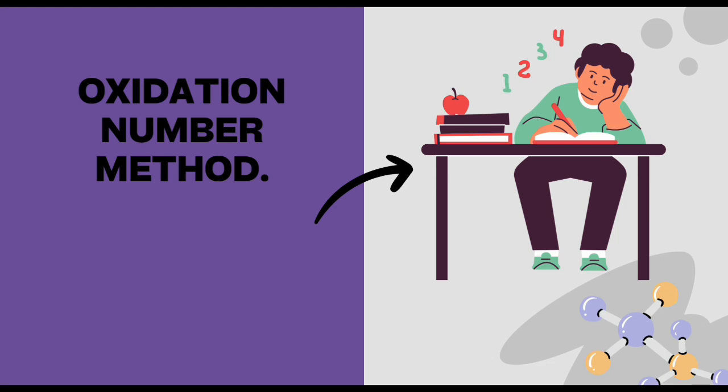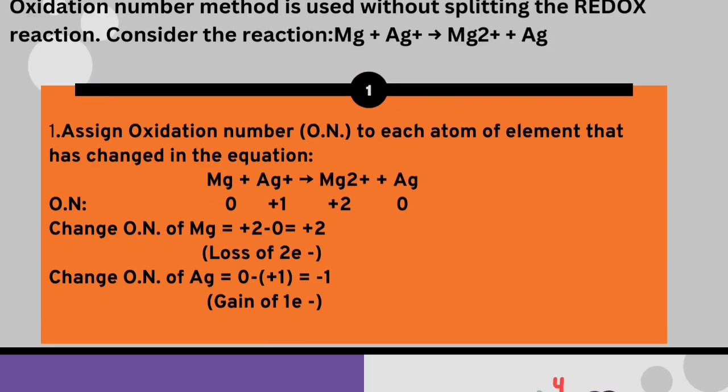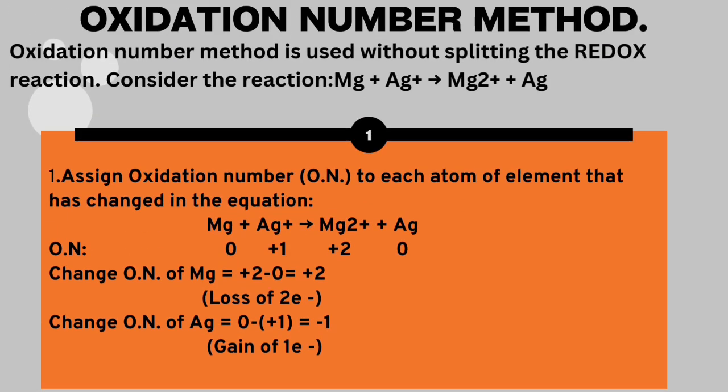The oxidation number method follows 3 basic steps. And this simple method is used without splitting the redox reaction. This method could sometimes be tricky. Now to step 1. We assign oxidation number to each atom of the element that has changed in the equation.